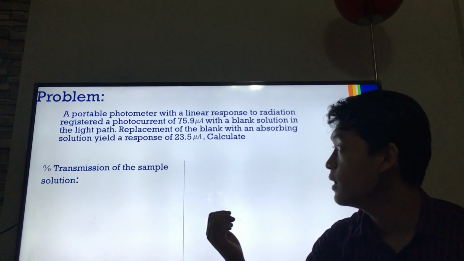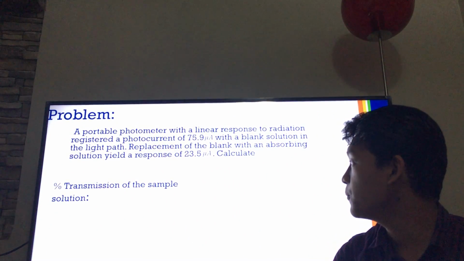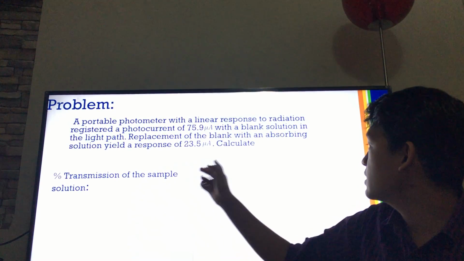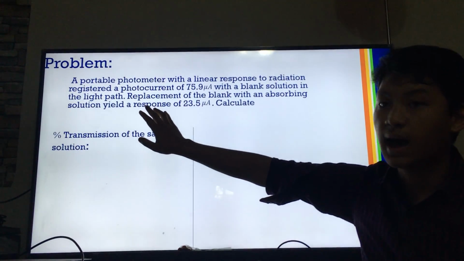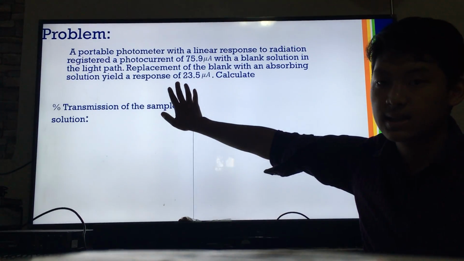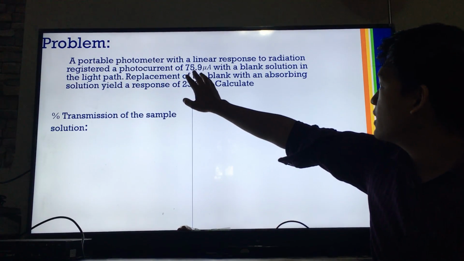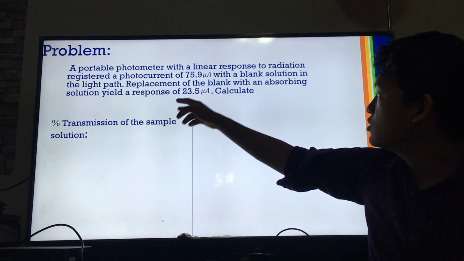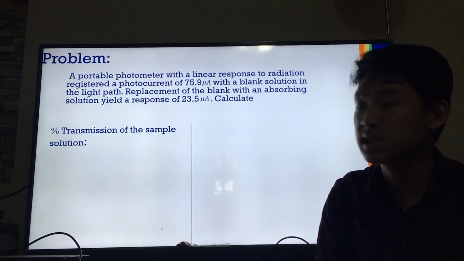So here, from simple inspection, we would know that since this is the one with the absorbing solution, hence this is the transmitted radiation, and here, which is just a blank solution in the light path, this one would be the incident radiation.